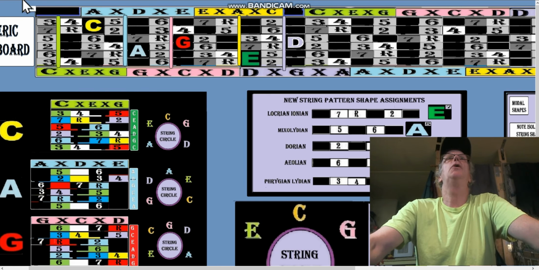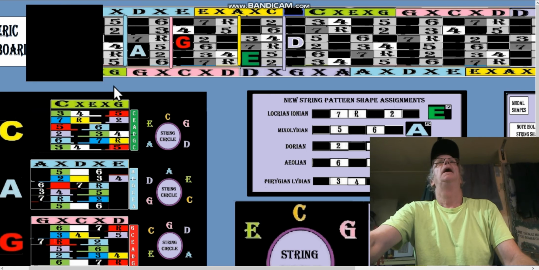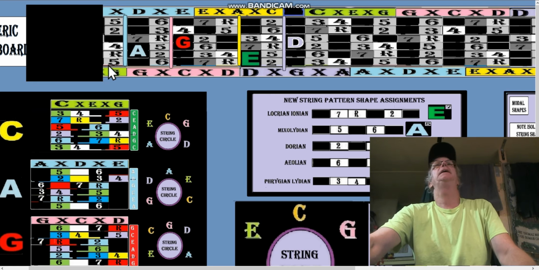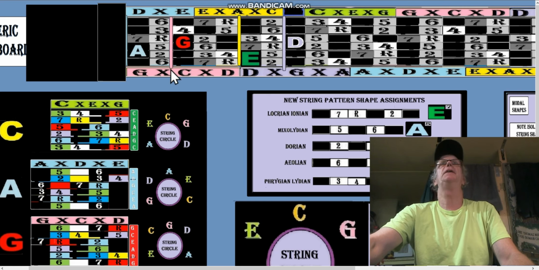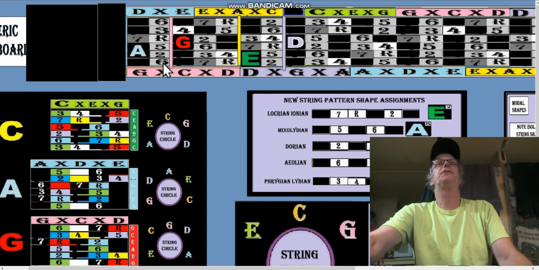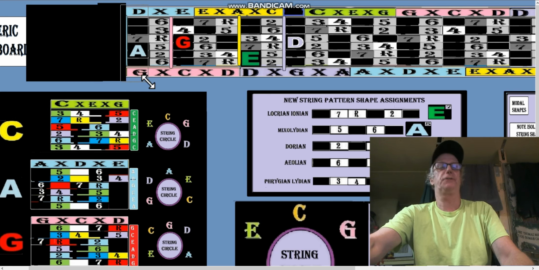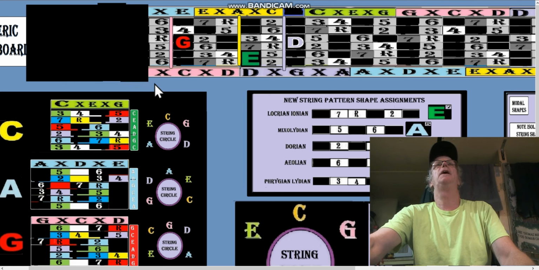If you make this go away and this becomes your fret nut, the E is the 5th of the key of A. You make that go away and this becomes your fret nut, then E is the 6th in the key of G, and we're just showing the lone wolf 7 there for the heck of it, but really that's not even available to us on the open fret nut.